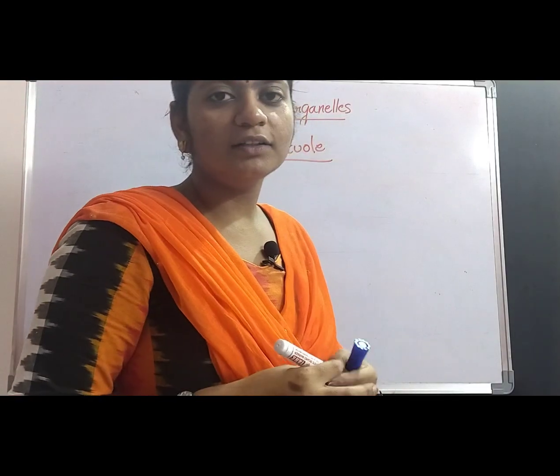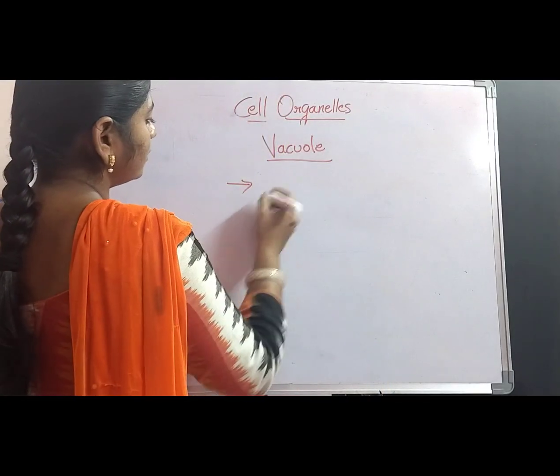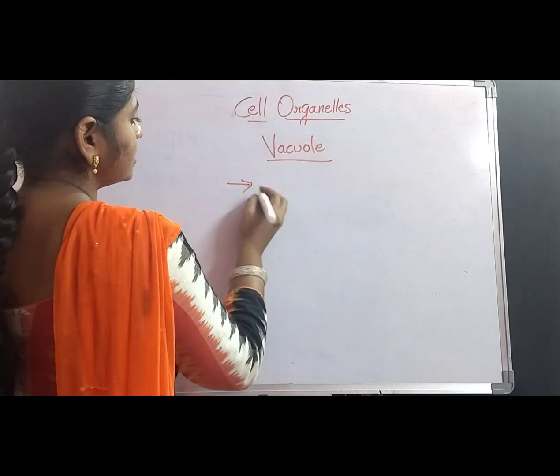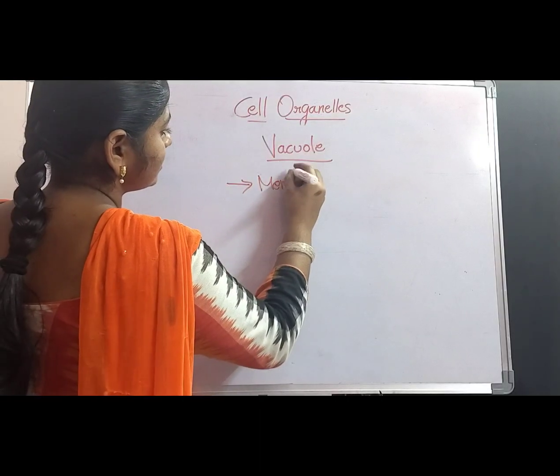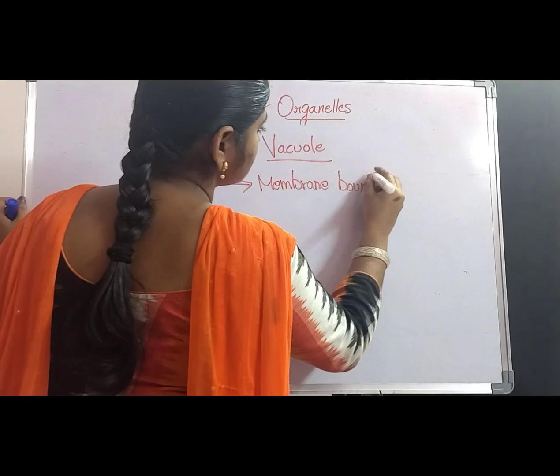The vacuole is a membrane bound structure. Membrane bound structure means the structure of the vacuole is surrounded by membranes.